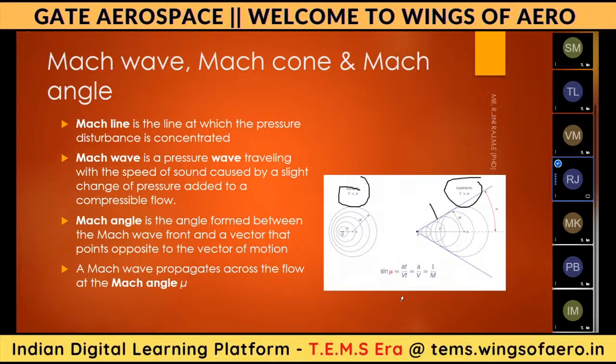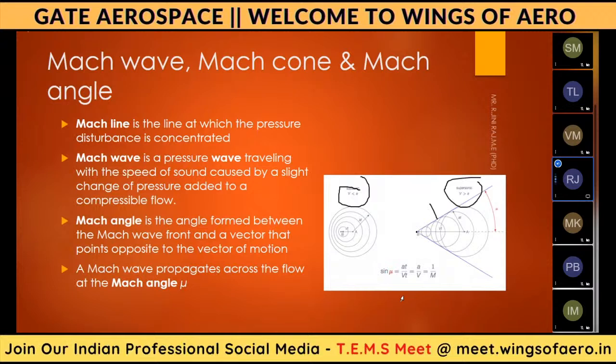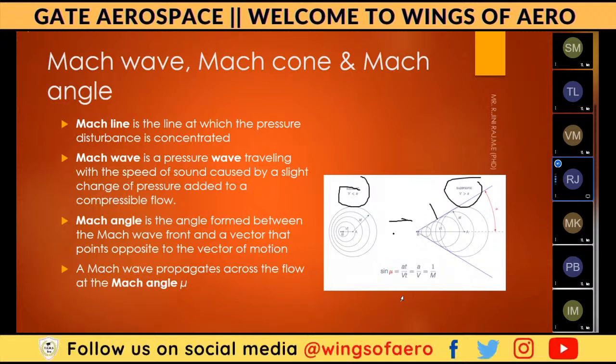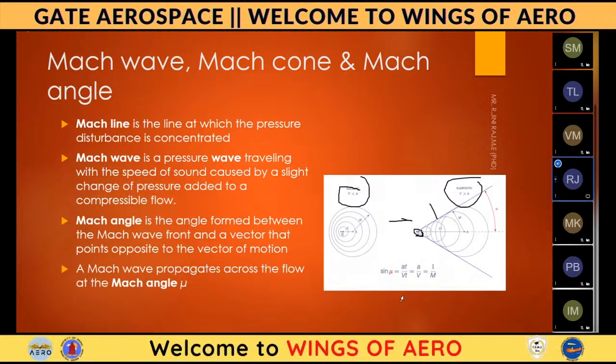This is a thin layer formed because the flow gets compressed in a particular region or point. That is called a shock wave. And because of this, the flow upstream doesn't know that this object is moving at supersonic speed.